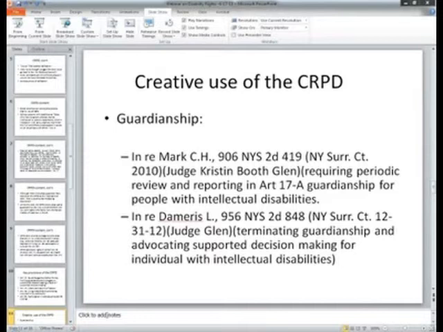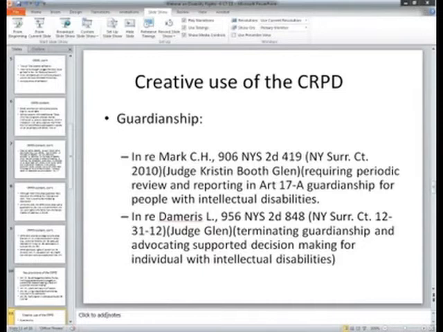Judge Glenn reached mandatory retirement as of the end of 2012, so she's now back agitating from the sidelines, if you will. But she issued 2 decisions, one in re Mark CH back in 2010, and the most recent one in re Damaris L issued December 31st, 2012.